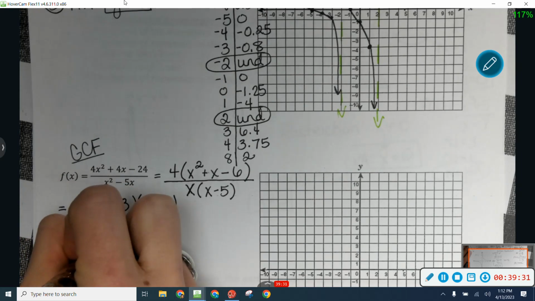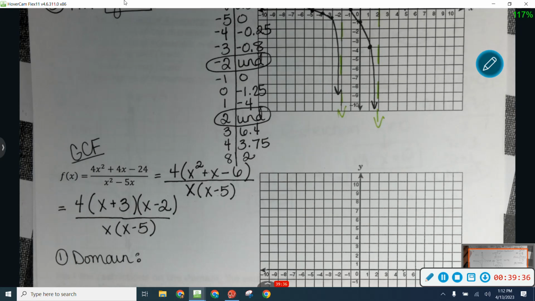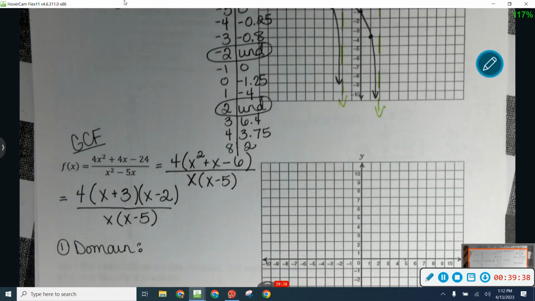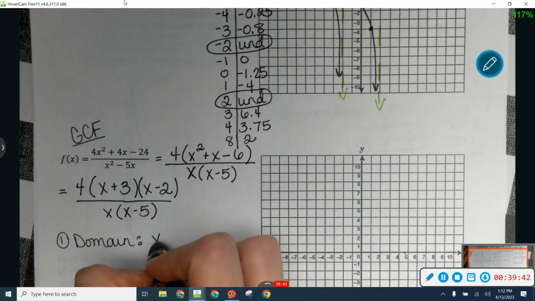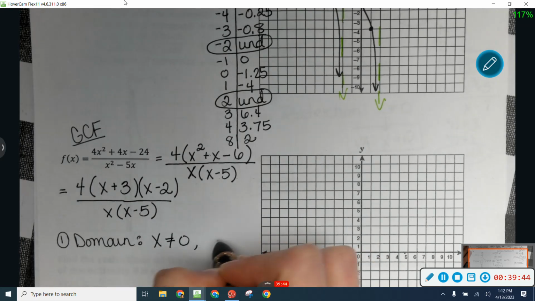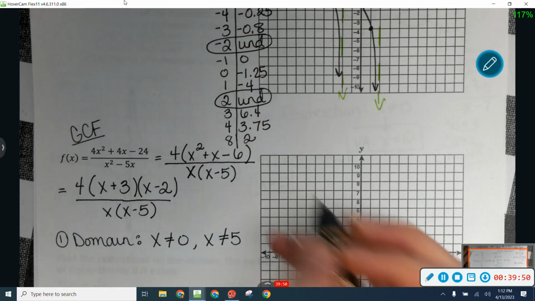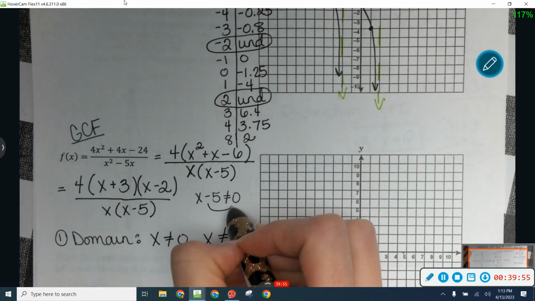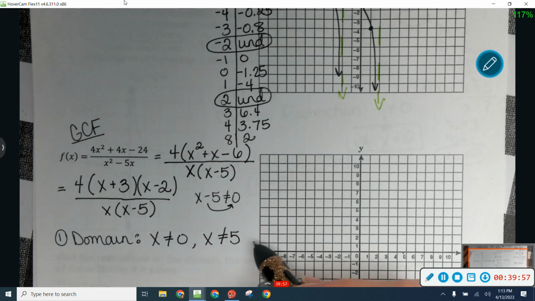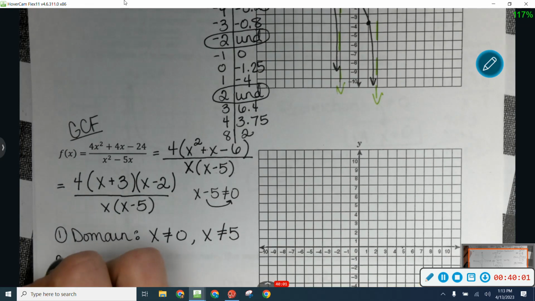So then the restriction on my domain, I've got two parts to my denominator. I've got an x and an x minus 5. So it's going to be x cannot equal 0 and x cannot equal what value? 5. If you need to do the x minus 5 cannot equal 0, to see that you add 5 to get that, then you can.